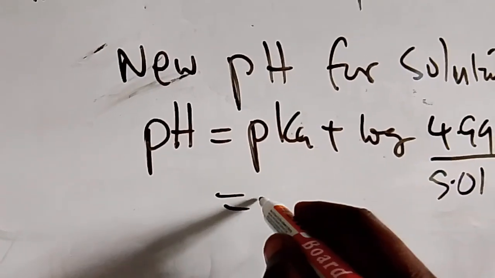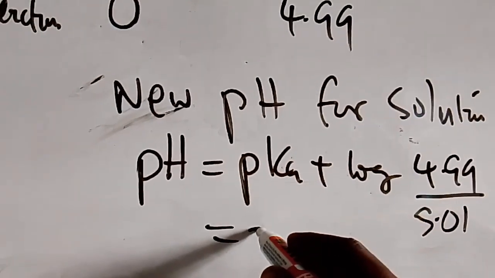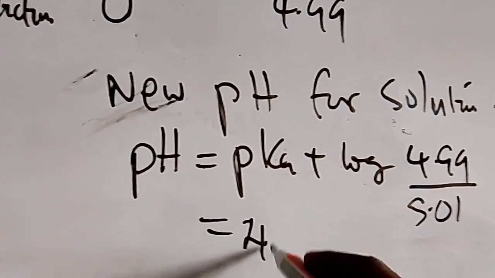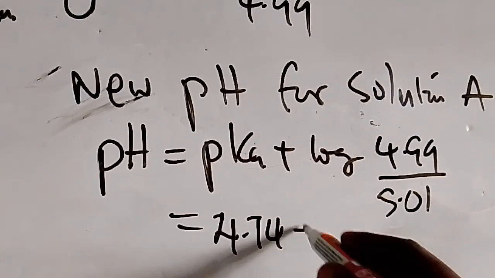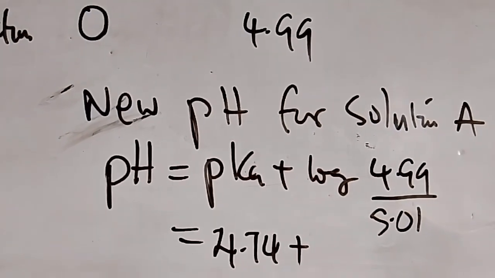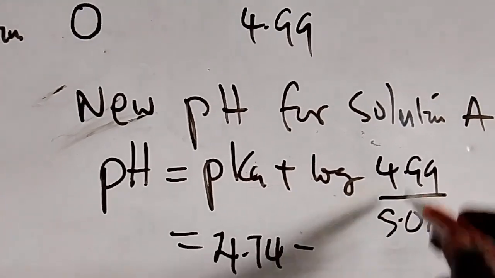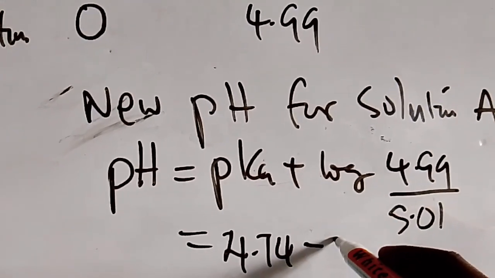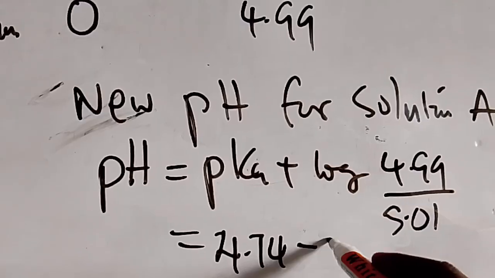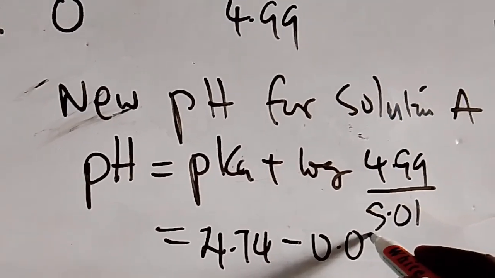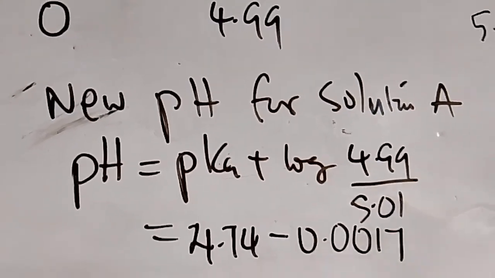Our pKa, the one we found, is 4.74, plus the log, which gives us a negative value, negative 0.0017.